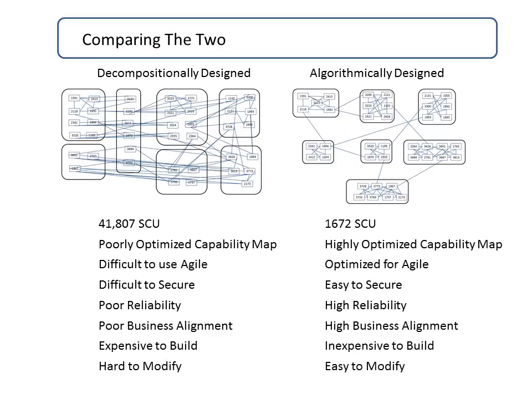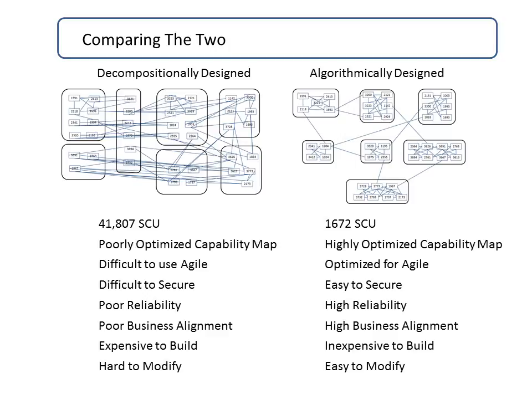Here we've done a full decomposition into 7 subsystems, and you can see that the decompositionally designed system has a total complexity of almost 42,000 SCUs, whereas exactly those same functions partitioned algorithmically have well under 2,000 SCUs. So there's a huge difference in the complexity of these two systems.